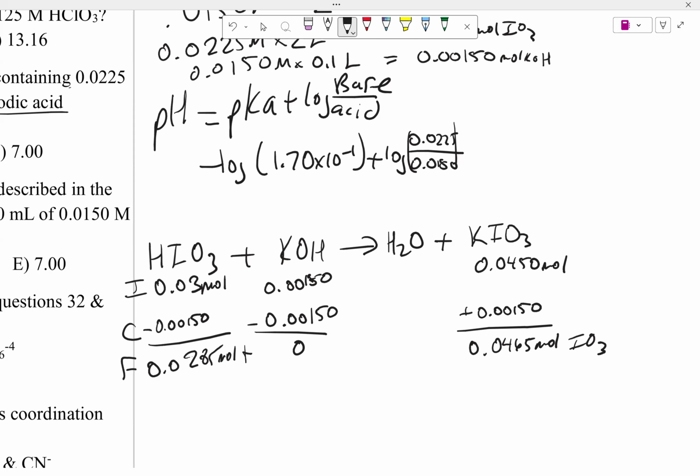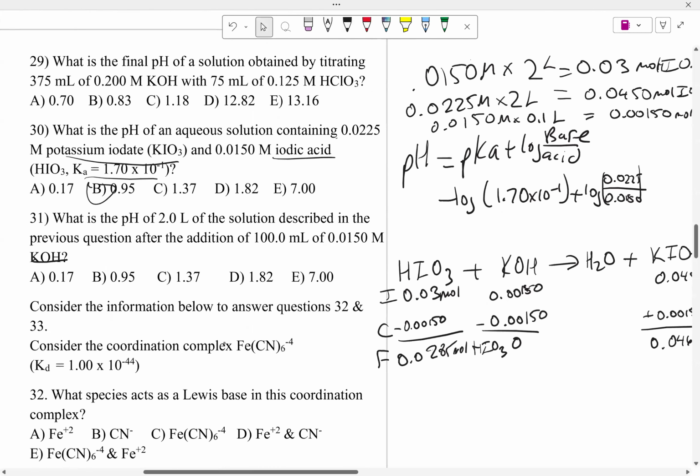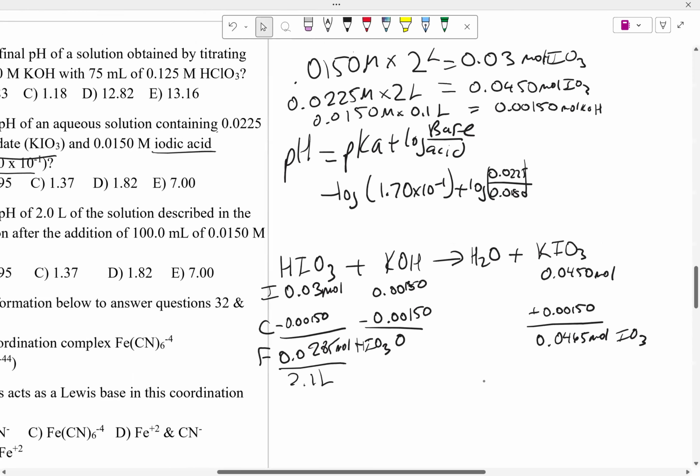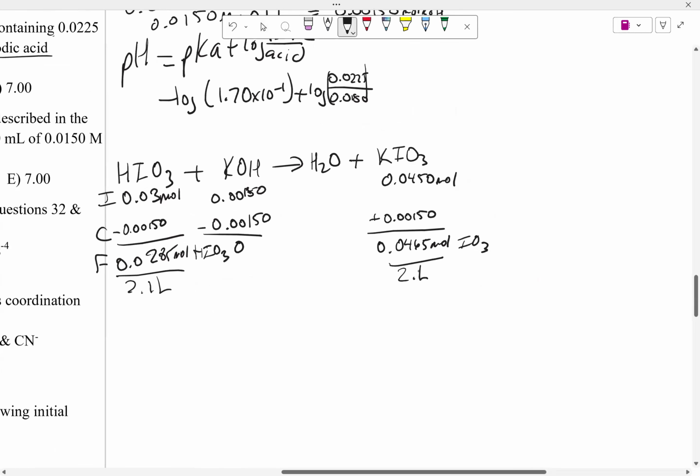After we do the ICF, we have the moles of acid and base, and we need to figure out the concentration. So this is 100 mL plus 2 liters, that's 2.1 liters. So we divide both of these moles by 2.1 liters: 0.0285 divided by 2.1 and 0.0465 divided by 2.1.